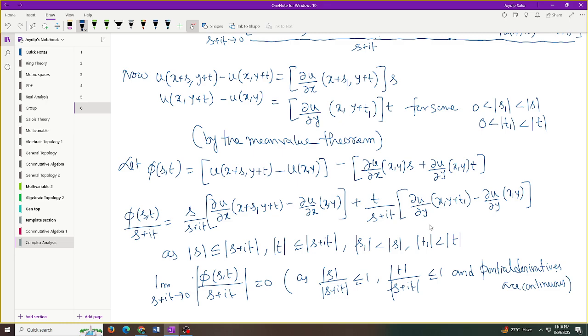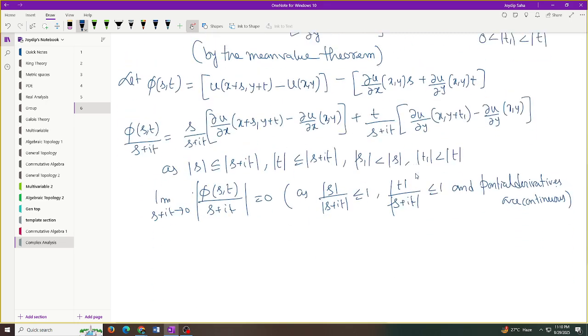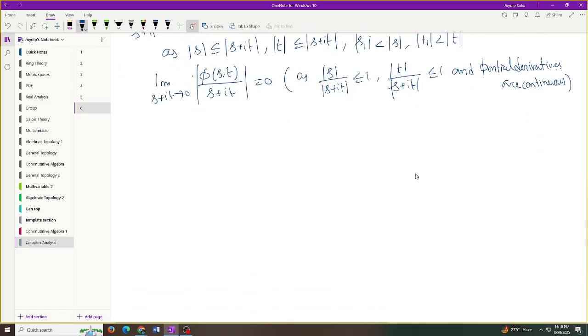Take modulus, then apply the triangle inequality and you can see.